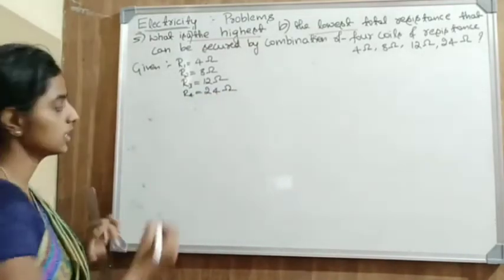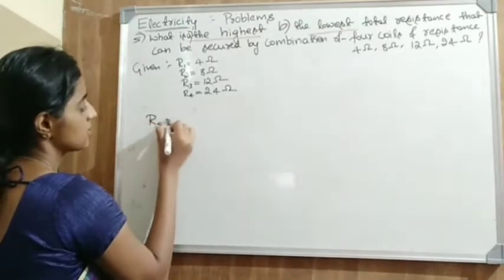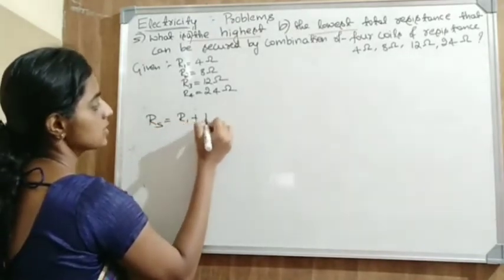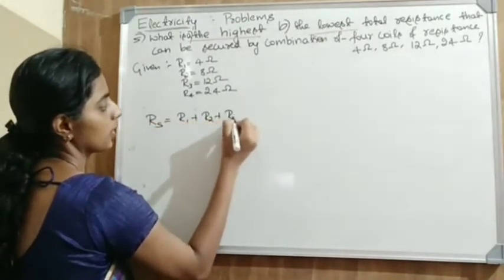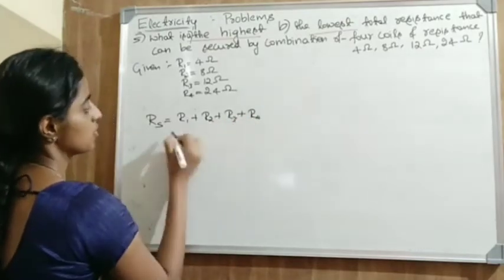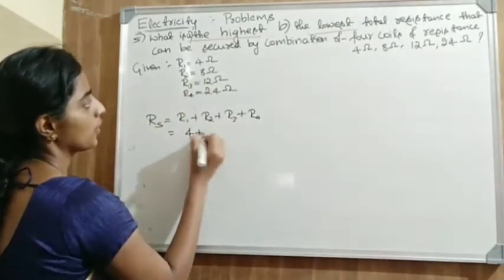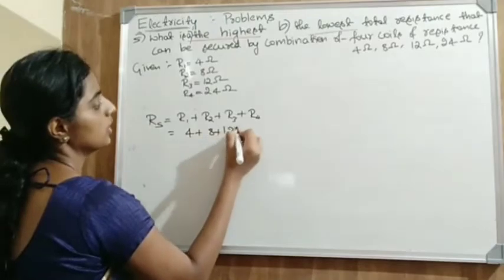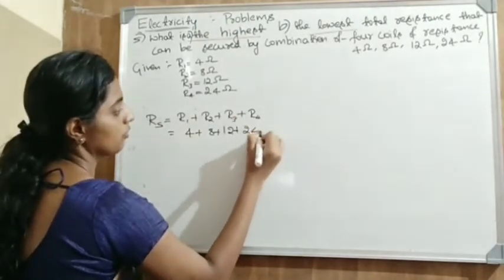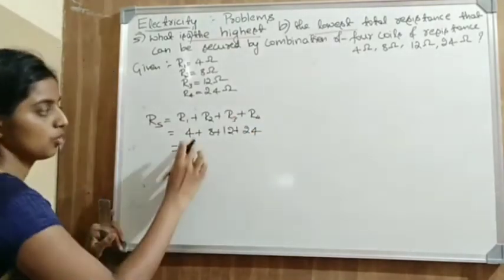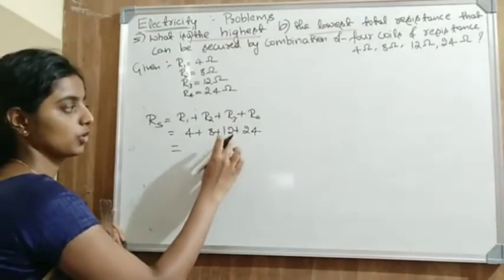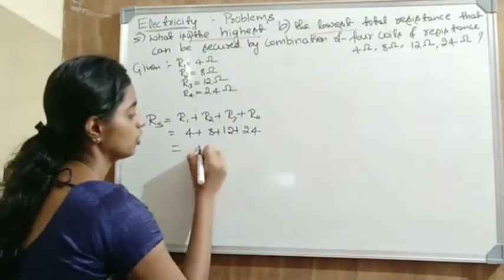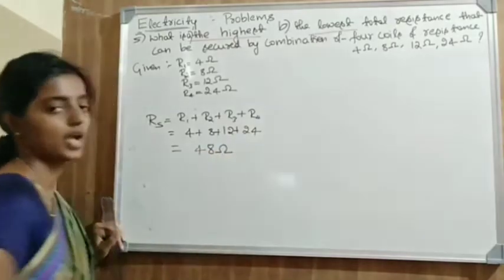What is the formula for series? Rs is equal to R1 plus R2 plus R3 plus R4. Substitute 4 plus 8 plus 12 plus 24. Add them. 4 plus 8 is 12, 12 plus 12 is 24, 24 plus 24 is 48. We got 48 ohm as the answer.